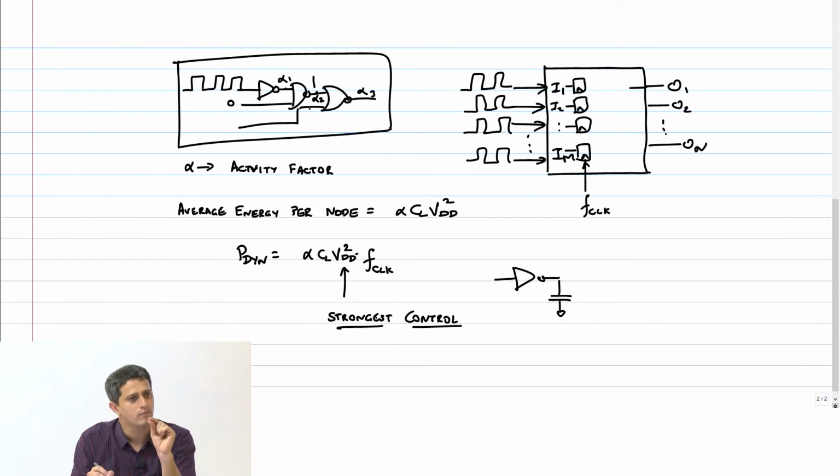Then for each of them, it's going to happen at alpha CL VDD squared into F. Okay, any questions here? So during steady state, the dynamic power is not even defined, because the capacitor is just holding charge and it is being driven to either VDD or ground, no problem. Okay, any questions on dynamic power?